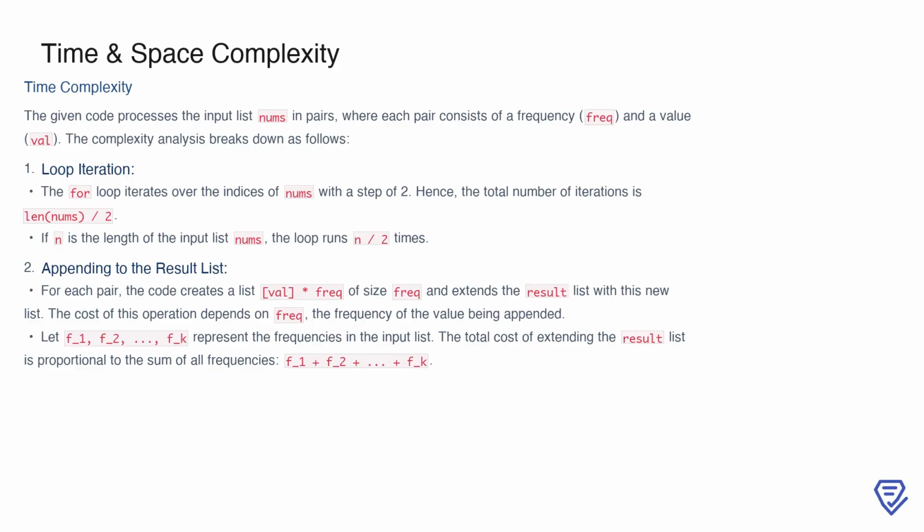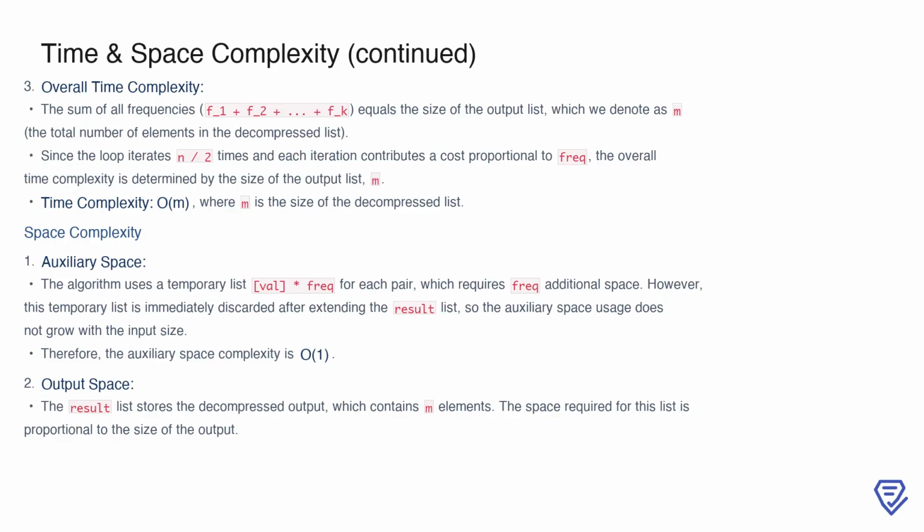The cost of extending result depends on the frequency for that pair. If we denote the frequencies as f_1, f_2, up to f_k, the total cost of appending these lists to result is proportional to the sum of all frequencies, f_1 plus f_2 plus up to f_k. The overall time complexity is now determined by the sum of all frequencies.